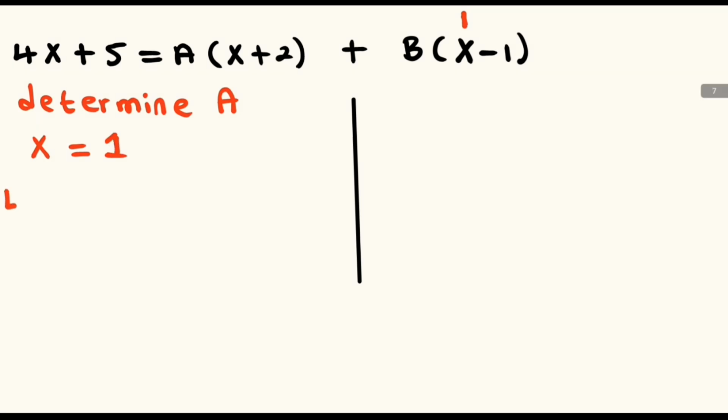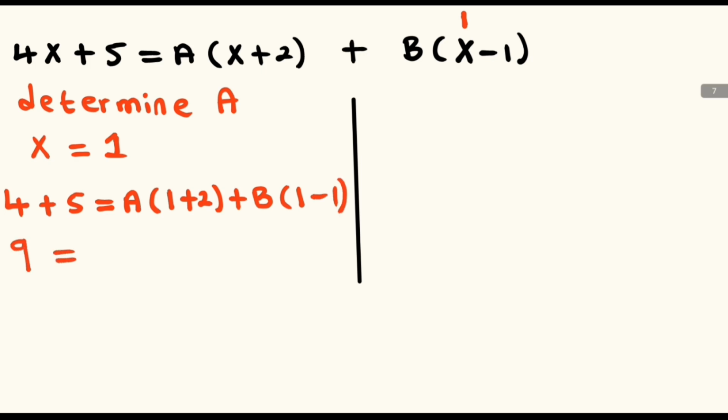So x will be equal to 1, 4 by 1 will be equal to 4, plus 5, and this will be equal to a into, where there is x, we substitute 1 plus 2 plus b into 1 minus 1. 4 plus 5 is equal to 9, and this will be equal to a into 1 plus 2, which is equal to 3. That 1 minus 1, like I said, will be 0, and 0 by b will be equal to 0.